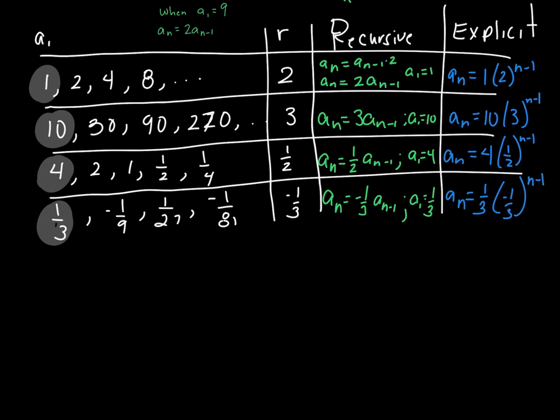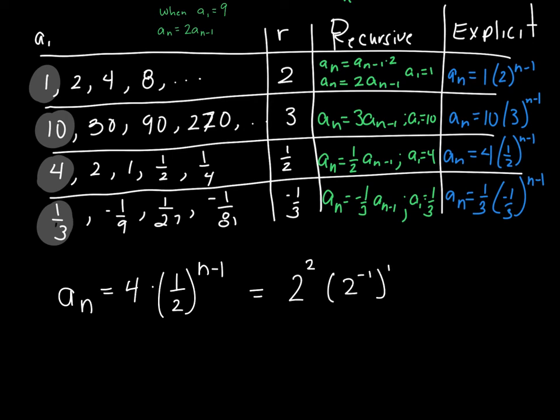Now we need to go ahead and simplify two of these because they have the same base. So if I look at the second to last one, a_n is equal to 4 times 1/2 raised to the n minus 1 power. 4 is the same thing as saying 2 squared. The 1/2 I can write as 2 to the negative 1 power, to the n minus 1.